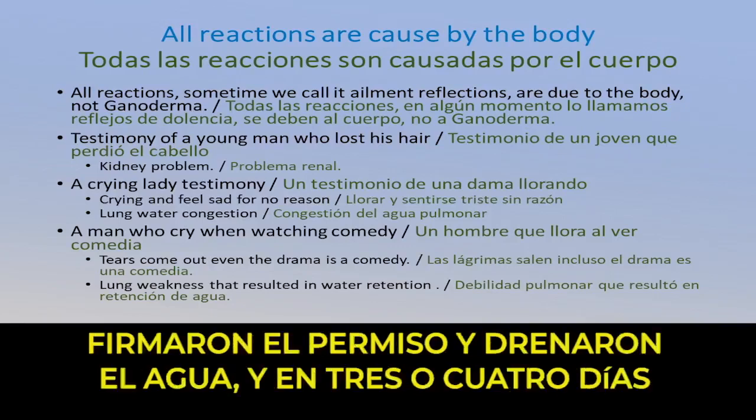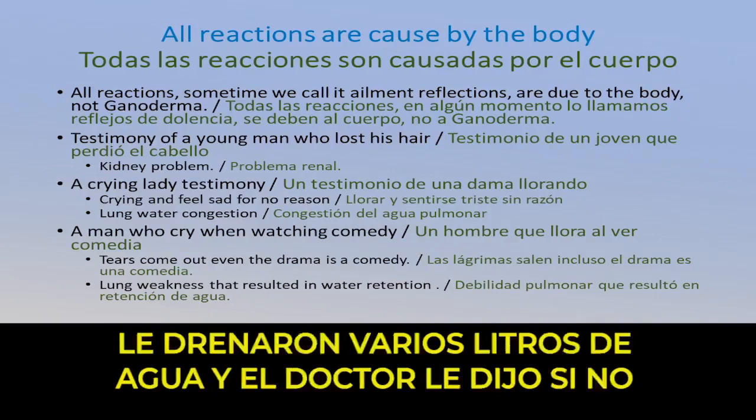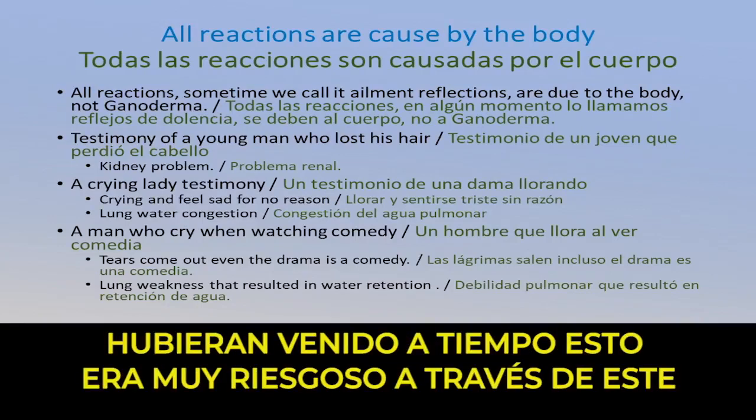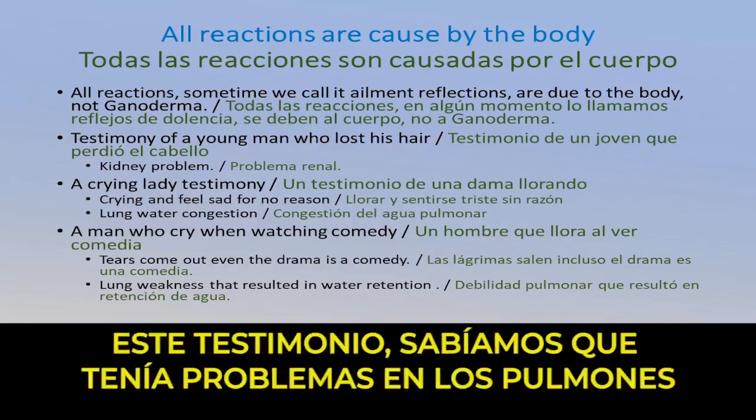They signed the agreement, and in three to four days they drained out a few liters of water, quite a lot. The doctor told them that if they had come late, it could have been very risky. Through this testimony, we know she had a lung problem.